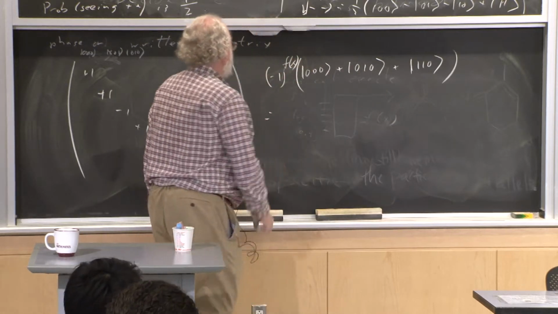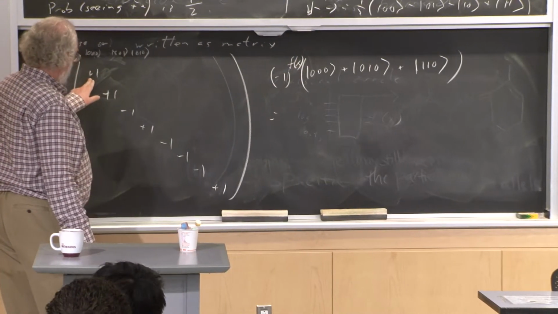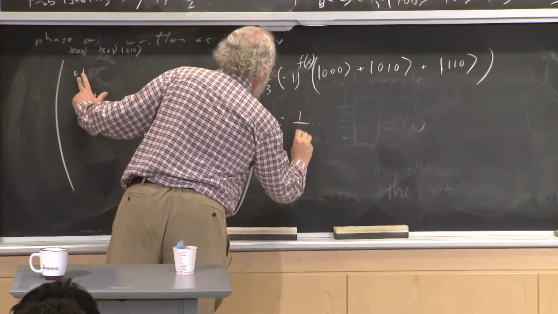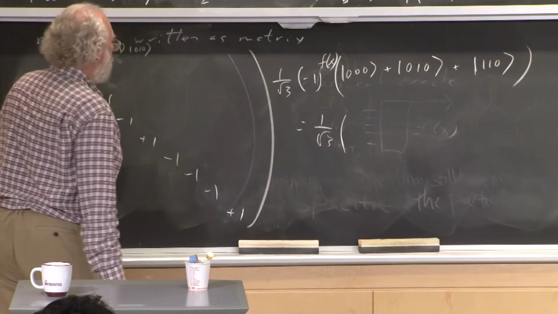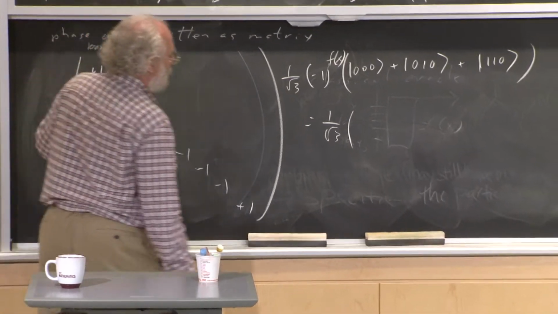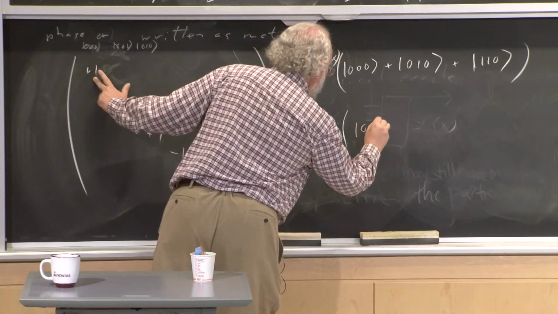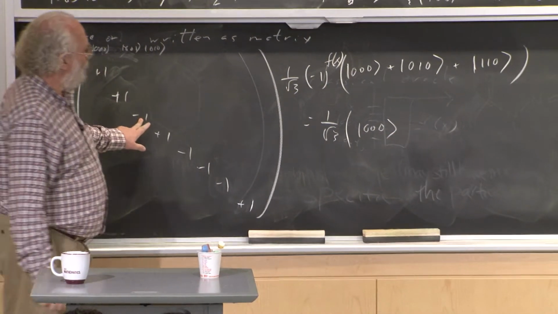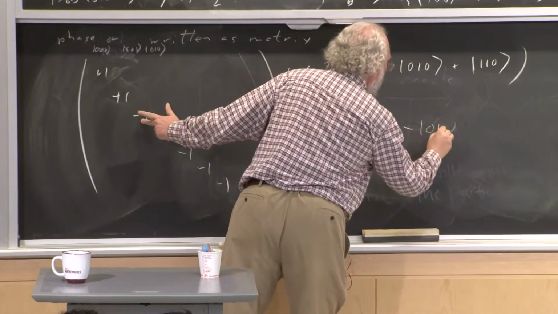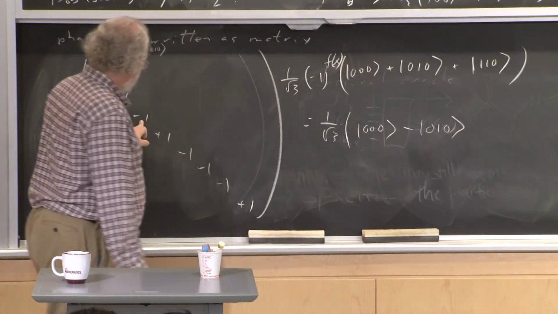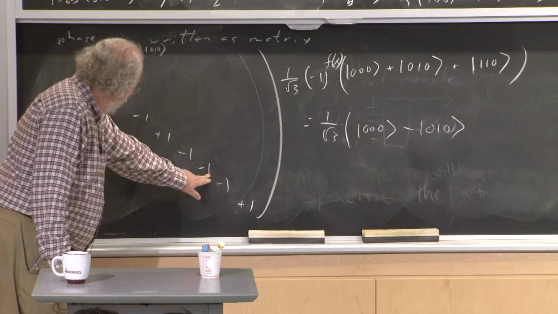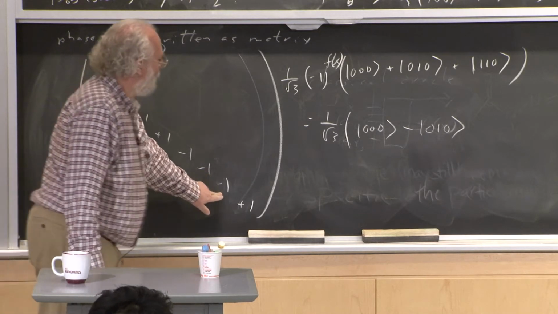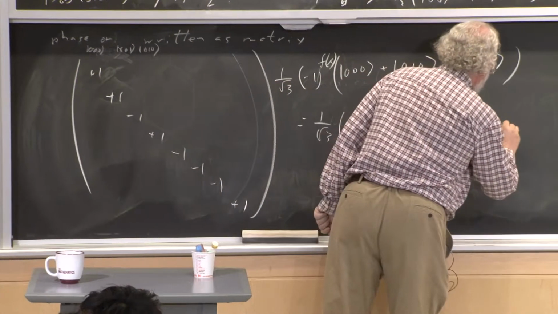What would happen is you would get out, well, 0, 0, 0 was plus 1. So that's 0, 0, 0. 0, 1, 0 was a minus 1. So minus 0, 1, 0. And 1, 1, 0 is all the way down here, I think, and that's a minus 1, too. No, it's down here. Minus 1, 1, 0.